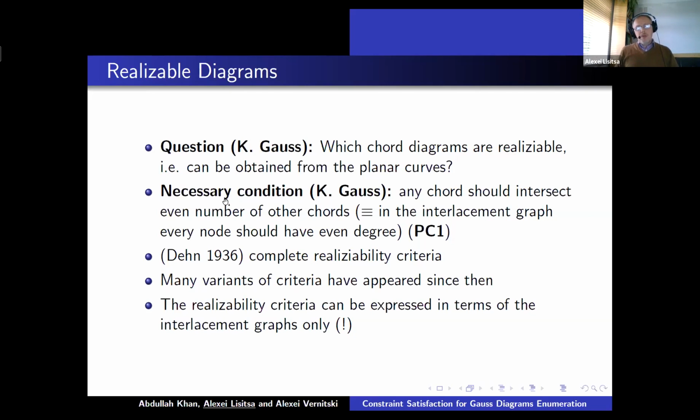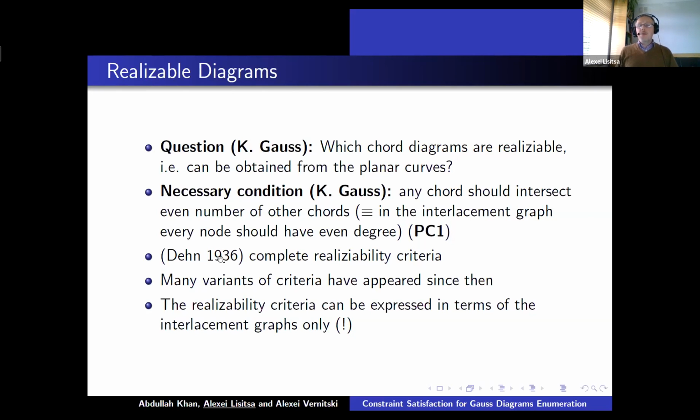But it took more than 100 years to formulate the full realizability criteria. That was only a necessary condition, but not sufficient. It was done by Dehn in the 1930s. Since then, many variants of this criteria have appeared in different terms, geometrical, topological, algebraic or combinatorial.